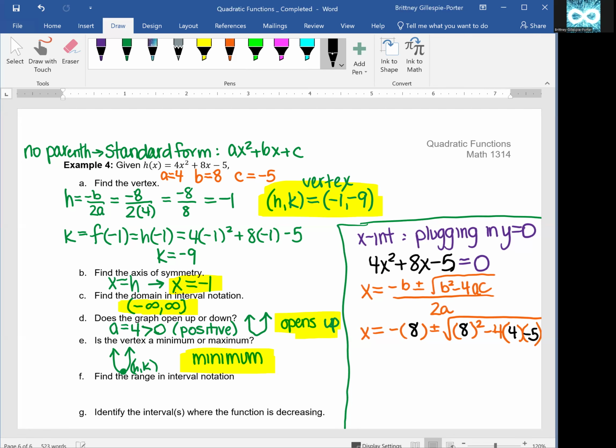Keep your sign on that c, all over 2 times a, which was the 4.